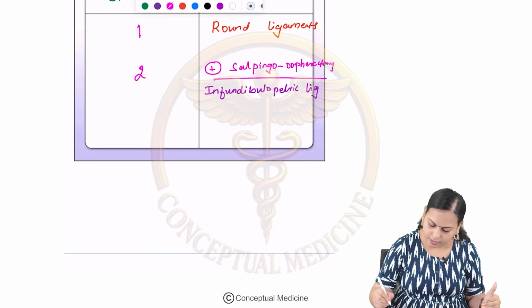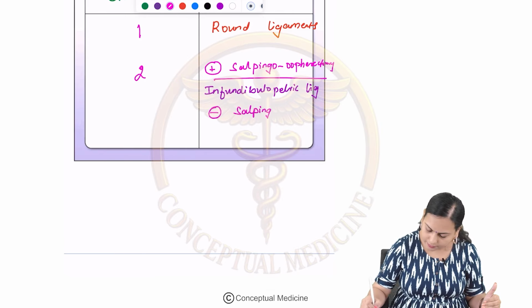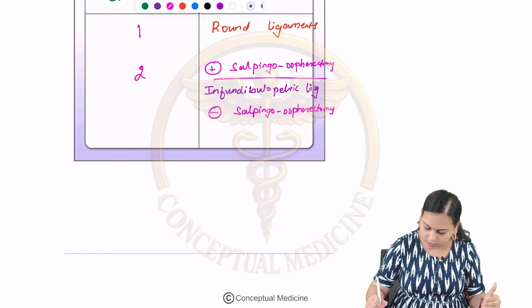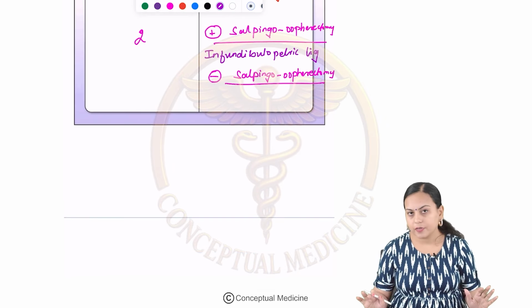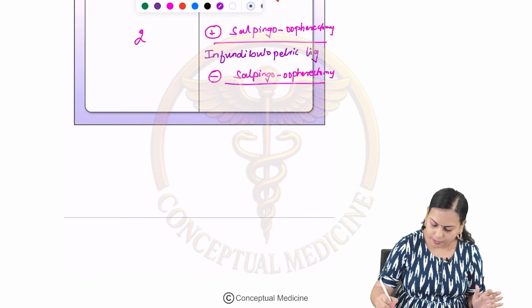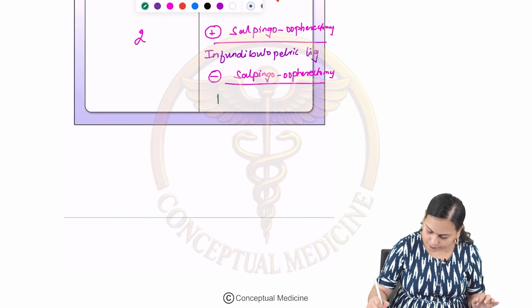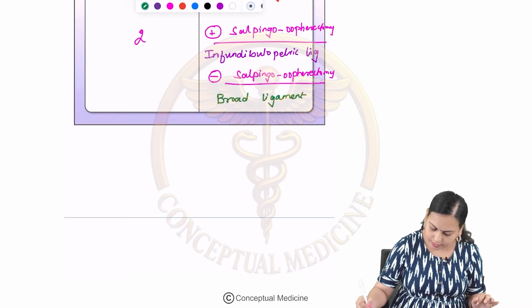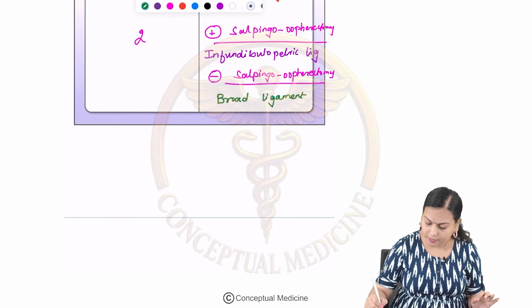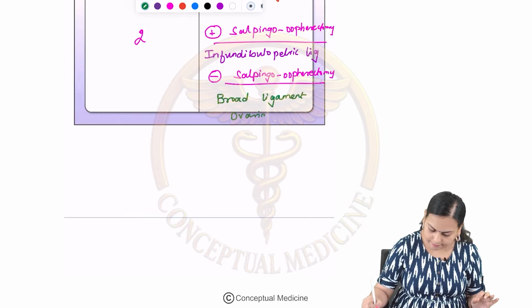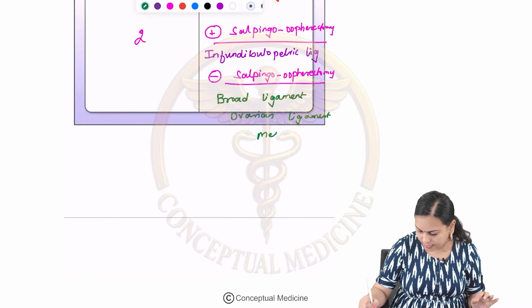And suppose you don't want to do salpingo-oophorectomy, then you will be preserving the tubes and ovaries, and the structures that will be cut will include broad ligament, including the ovarian ligament and mesosalpinx.